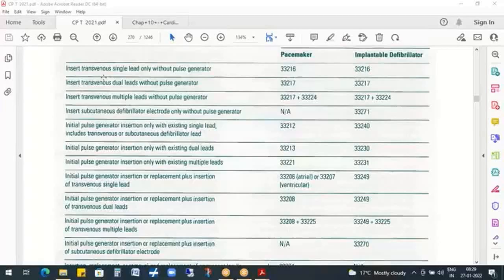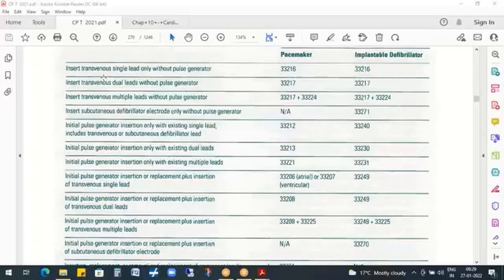Next one, replacement of lead and generator together.